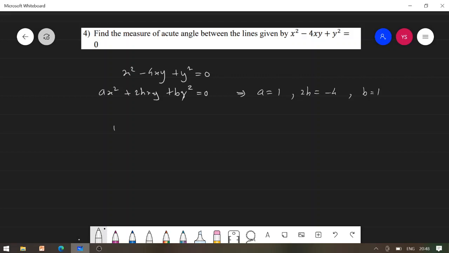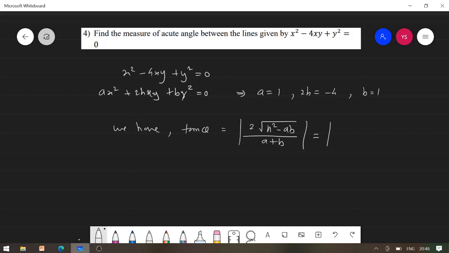So we have now, for finding the acute angle between pairs of straight lines, which is given by the combined equation ax square plus 2hxy plus by square equals to 0, it is given by tan theta, which is equal to modulus of 2 times root of h square minus ab divided by a plus b. So let us try to replace h, a and b by their values.